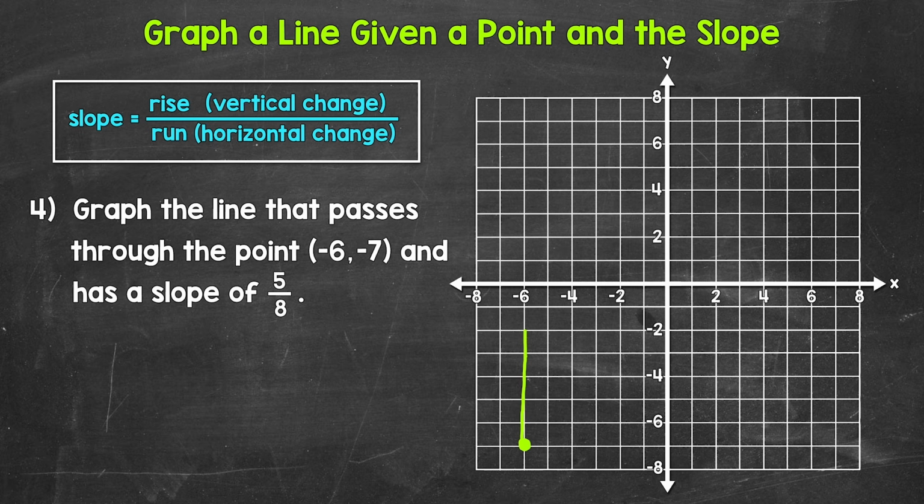So we go to the right 8 units. 1, 2, 3, 4, 5, 6, 7, 8. And here is our second point. And now we draw our line through those points. And now we have our line graphed, and we have a positive slope here. It's moving upward as it moves from left to right.